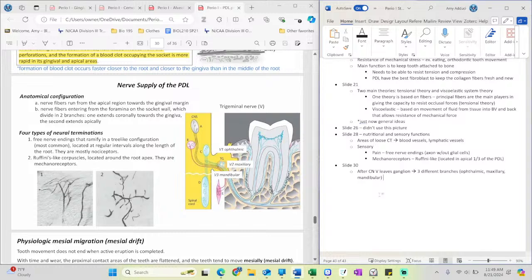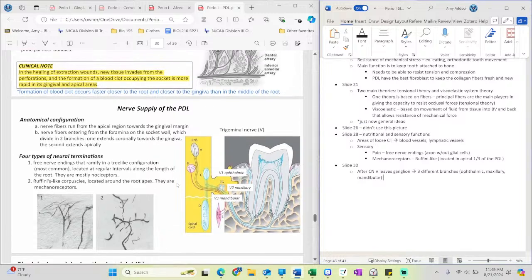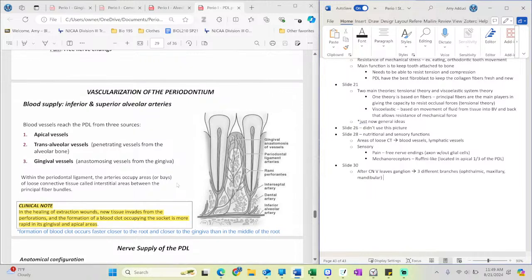And if we go for the blood vessels, remember that in the case of the mandible we have the inferior alveolar artery, and in the case of the maxilla, the superior alveolar artery. If we continue from the alveolar artery, branches are going to come. One branch goes directly inside the socket, and that branch is called the dental artery.